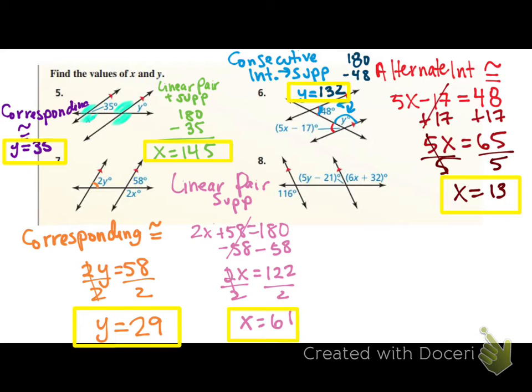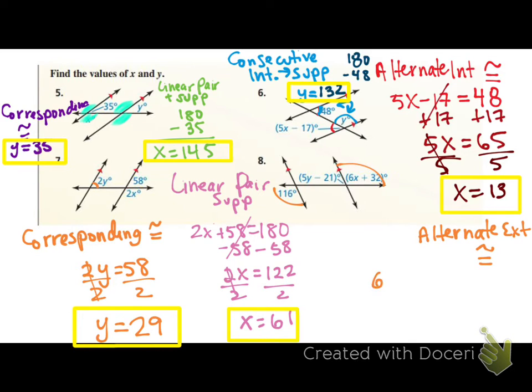Alright, this next one, we got 116. Which of these has a relationship with 116? The alternate exterior, right? So the 6x plus 32, that is alternate exterior. We're not talking about the quiz right now, we're trying to answer these questions. Alternate exterior, are they congruent or supplementary? Congruent.